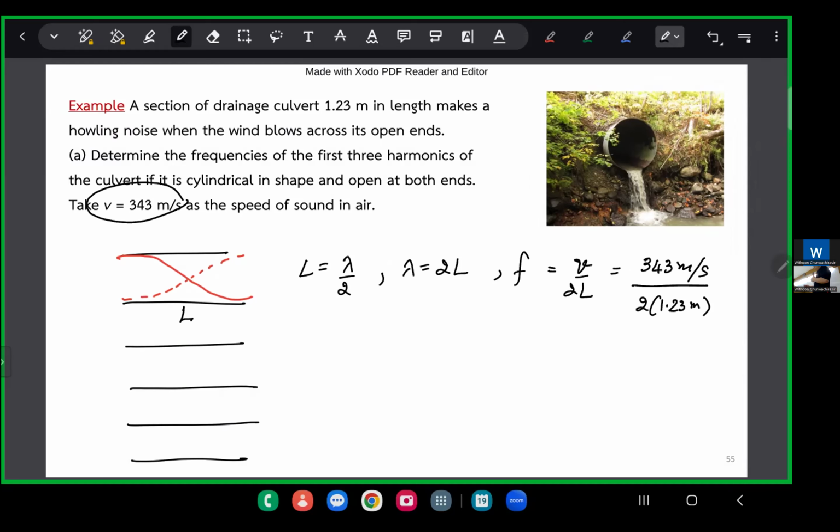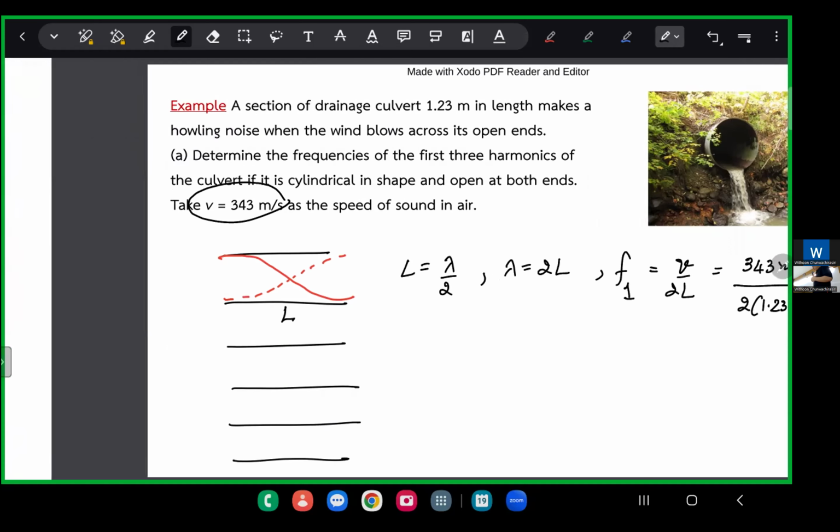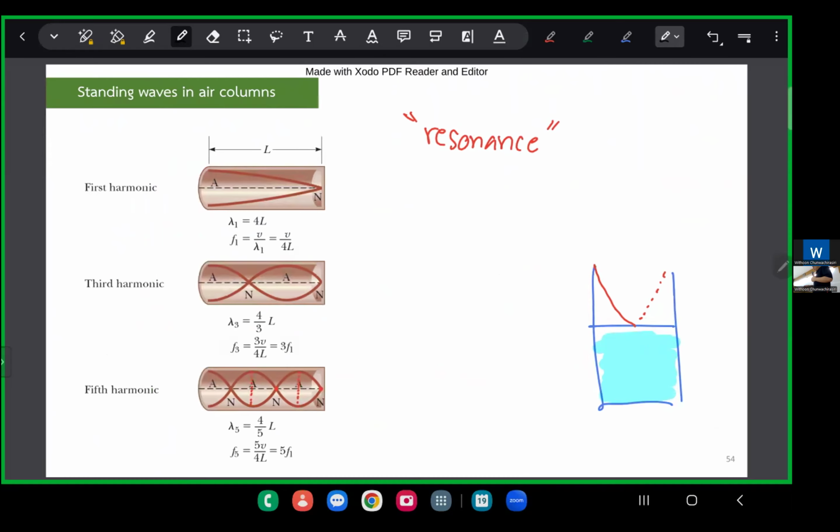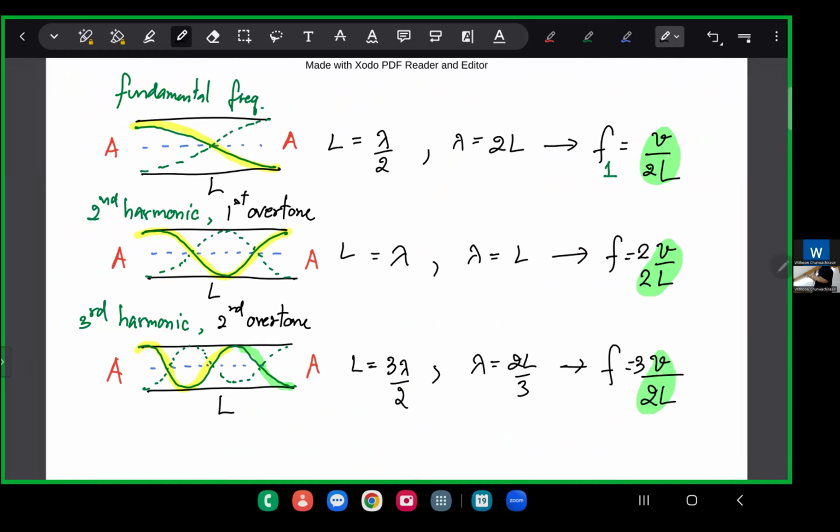Done. When you say done, this is your fundamental frequency, the lowest frequency possible. You might put a subscript 1 on it and say, hey, this is the fundamental. But now you don't even have to do anything else if you don't want to draw anything anymore, because you know that for an open-end tube, you can generate all harmonics of sound. So if you refer back to this, it's possible to create the second harmonic, third harmonic, fourth harmonic, on and on.